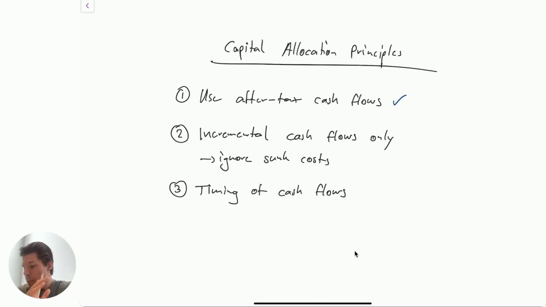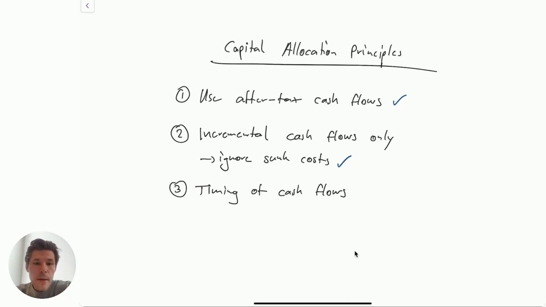Second, incremental cash flows only. Capital allocation should ignore sunk cost. What are sunk costs? Sunk costs are expenses that have already been incurred in the past, that have no impact on the future. Everything we do in finance, especially valuation, is forward-looking.